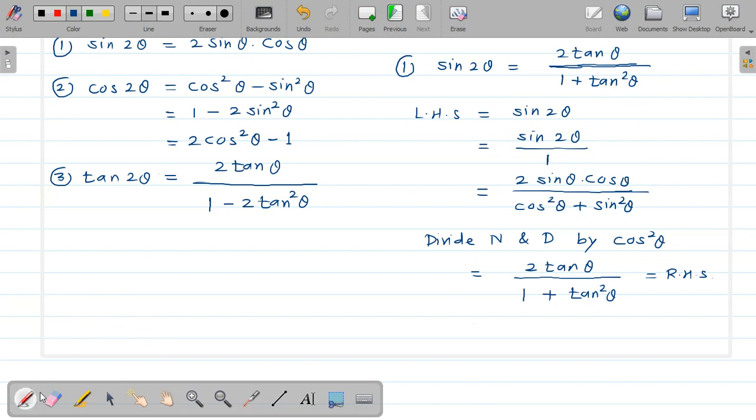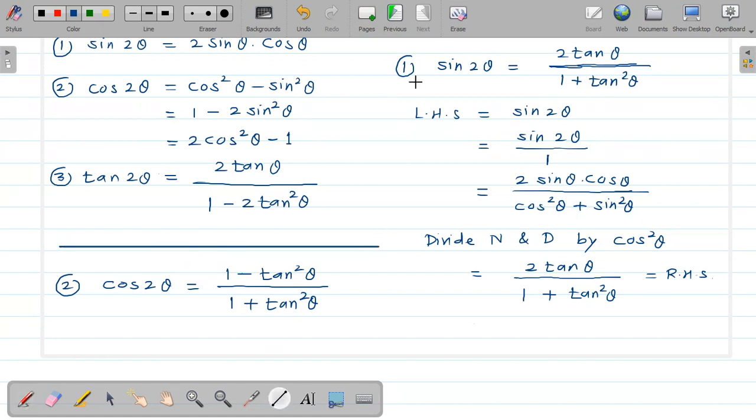Similarly, another additional formula that we will discuss now, the second formula, is cos 2 theta is equal to 1 minus tan square theta upon 1 plus tan square theta. This is another formula that we are going to discuss now as an additional formula.